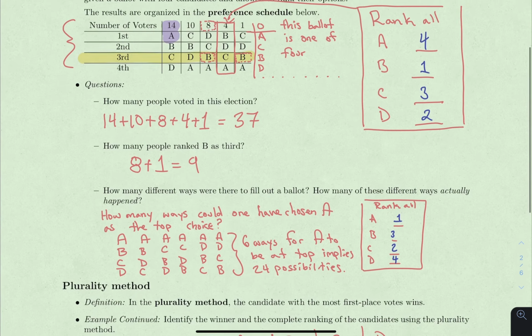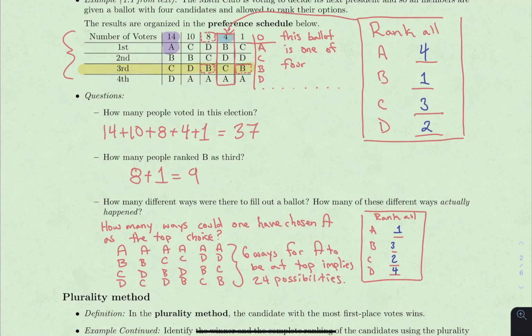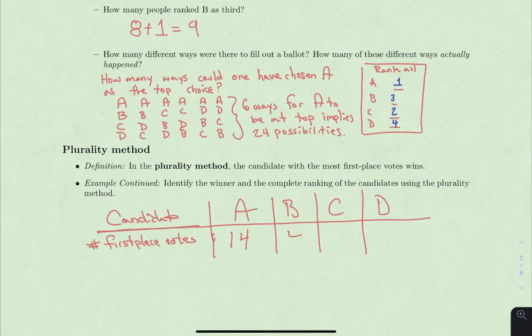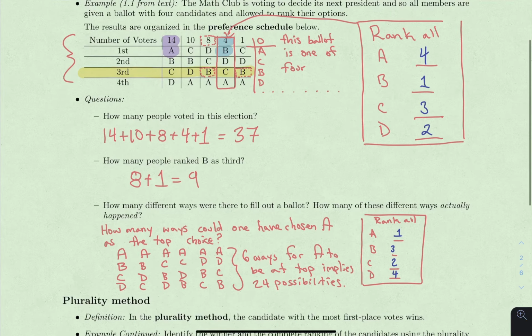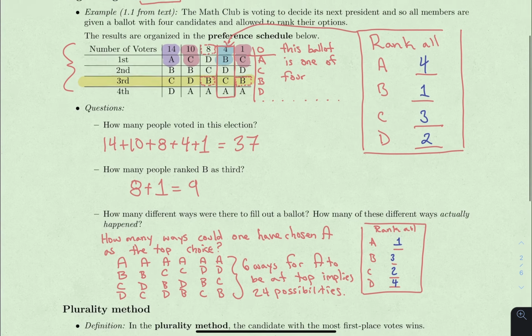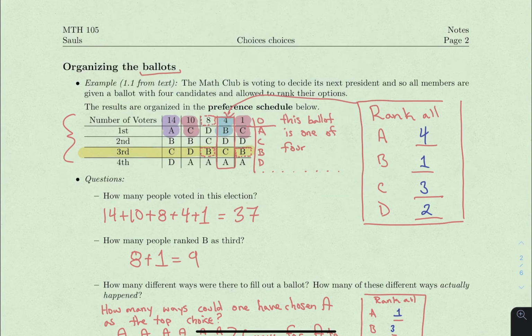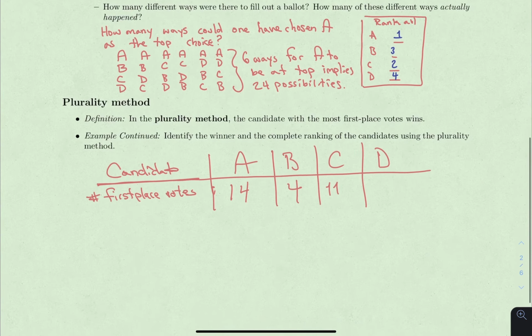B has received just 4 first place votes. C has received 10 from here and another 1 from here for a total of 11 first place votes. And D must have received the rest of the votes, so we could subtract everything from 37, or note that from the preference schedule, D received 8 first place votes.